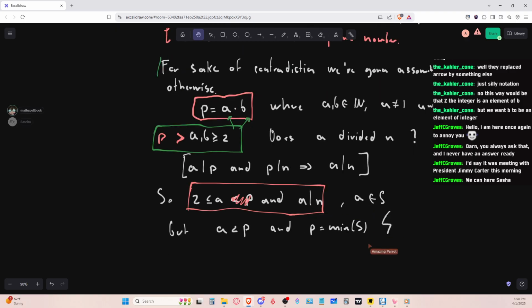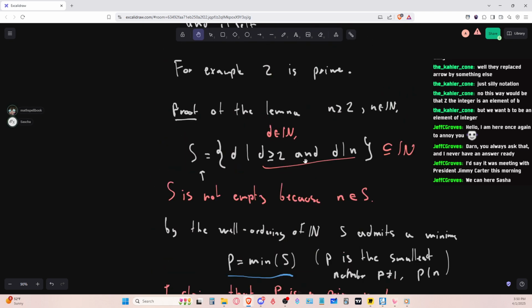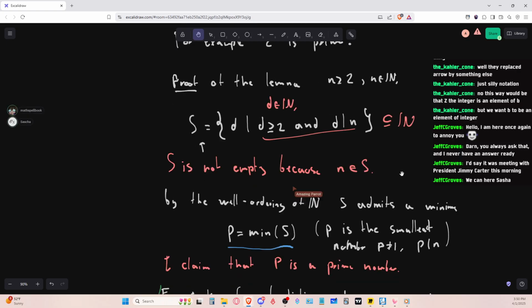Oh, okay. So it is basically because A is a multiple of N too, because P is a multiple of N. Yeah, exactly. Because it was involved with the set we established here, which is D such that D is greater than or equal to 2, and D divides N. From that set.